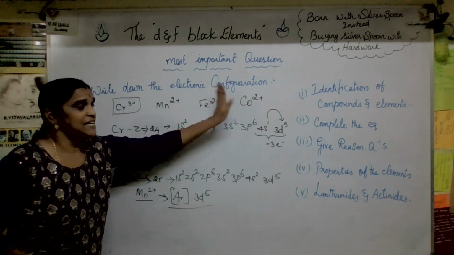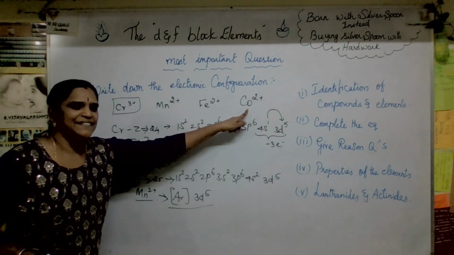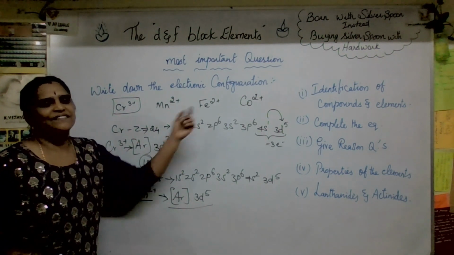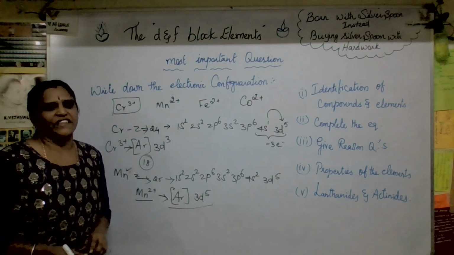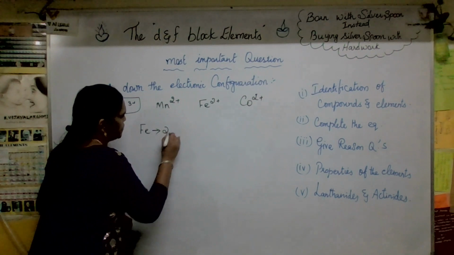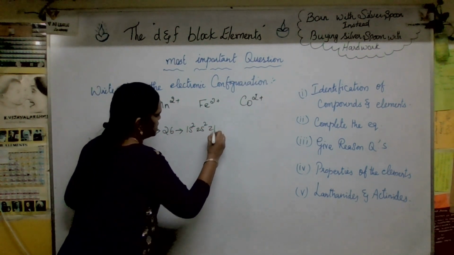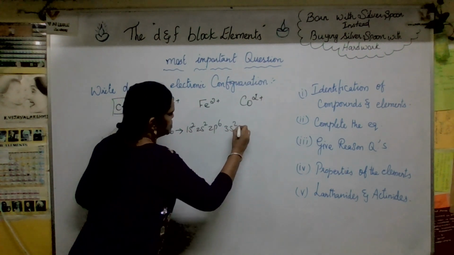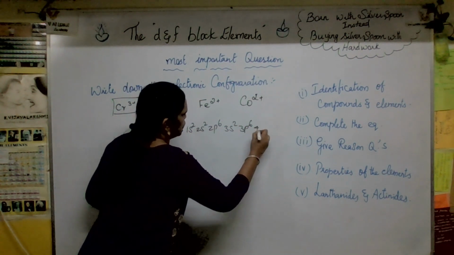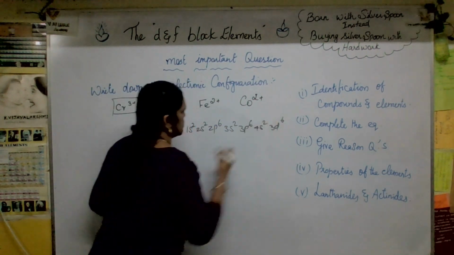Fe is 26 and cobalt is 27. Come on, try. Pause the video and check the answer. Fe, what is the atomic number? 26. And 1s2, 2s2, 2p6, 3s2, 3p6, 4s2, 3d6.